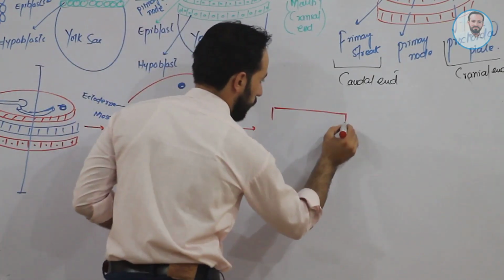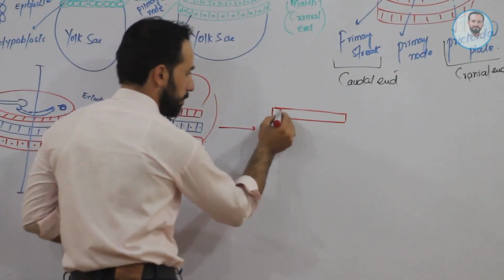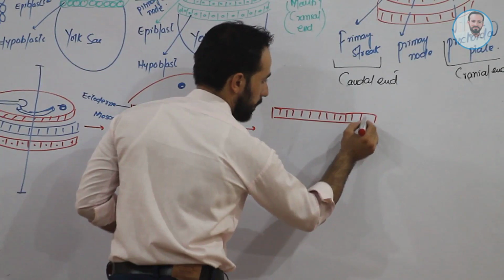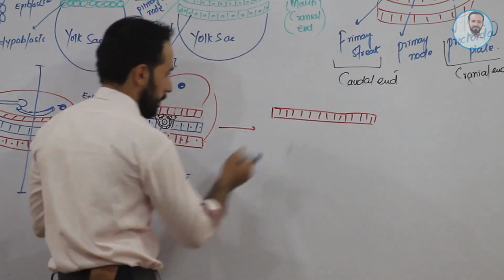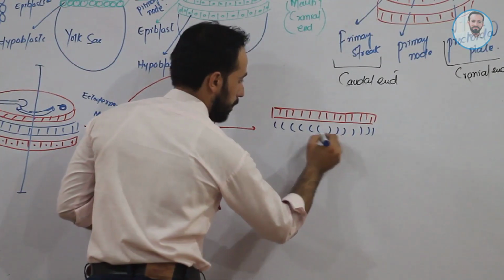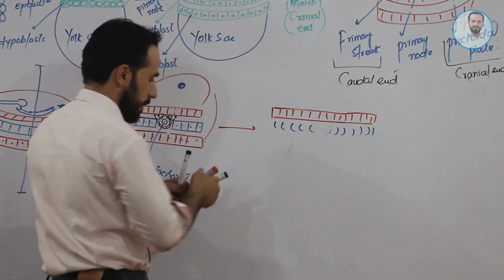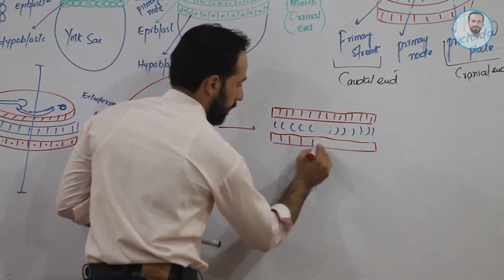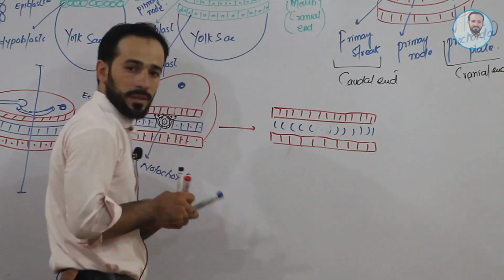This is our ectoderm. Clear? Here is our mesoderm, right? And then there is our endoderm. Clear?